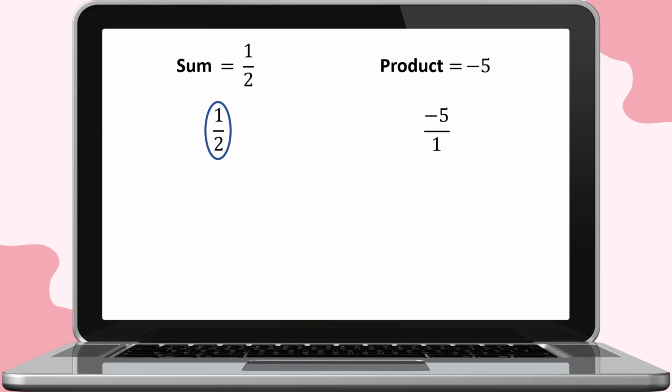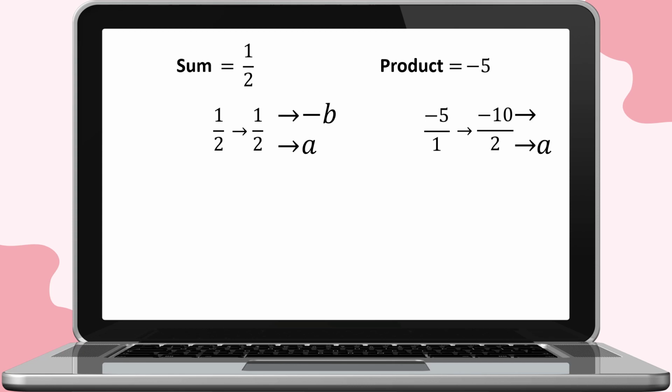So 1/2 is still written as 1/2, while -5/1 is written as -10/2. Our denominators are now the same. So that will now be our A. The numerator of our sum will now be our -B.